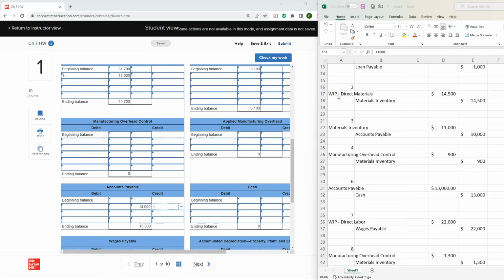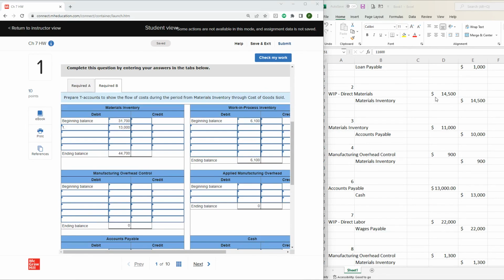Now for this client, they're not having a different account for direct materials work in process and direct labor work in process. It all goes into one account. So we'll put here number 2, 14,500 for direct materials work in process. And that came out of materials inventory, so that'll be a credit to materials inventory for 14,500.